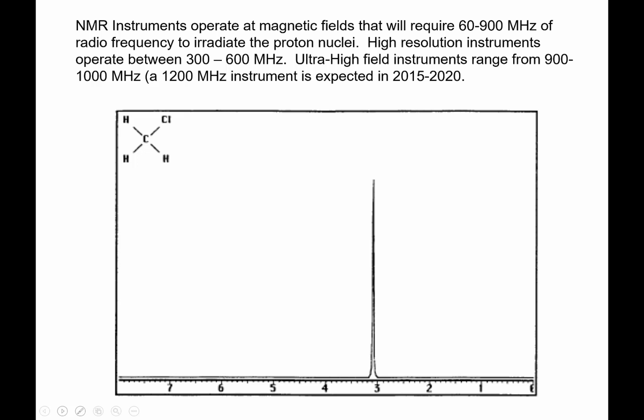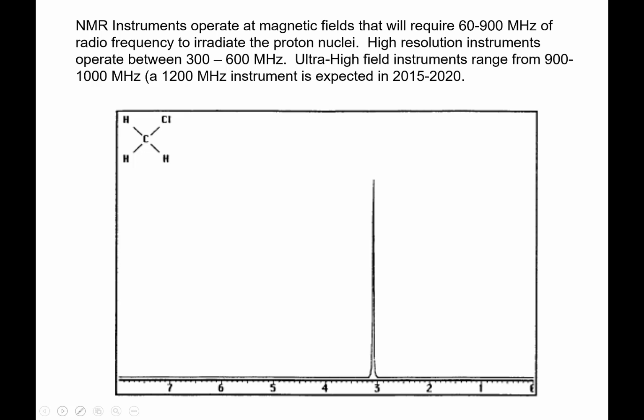So when you're using an NMR instrument, you need a magnetic field. And we usually don't measure, or at least I don't measure, the magnetic field in Tesla, although Tesla is the unit of magnetic field. We have a 7 or so Tesla magnet.